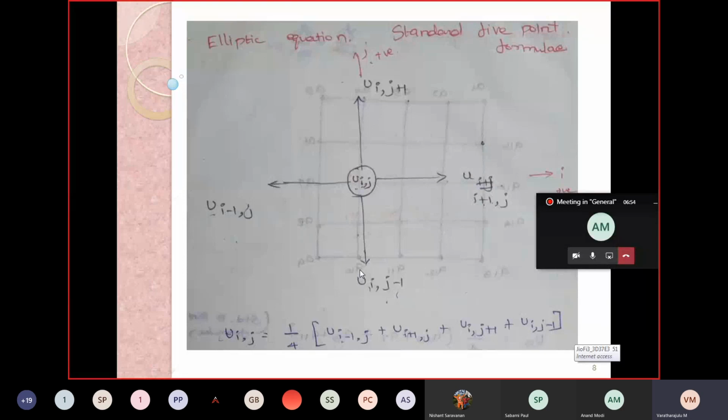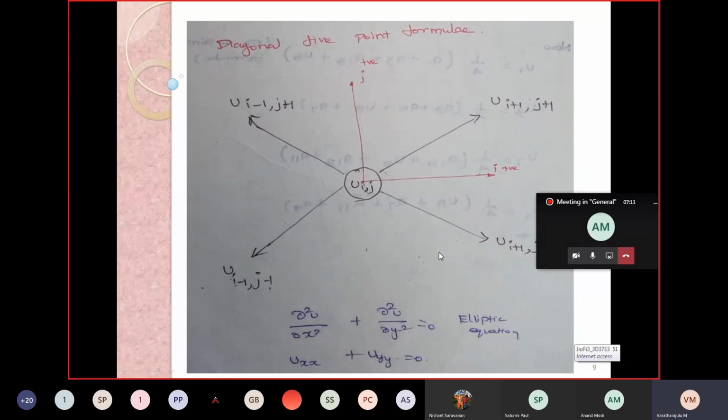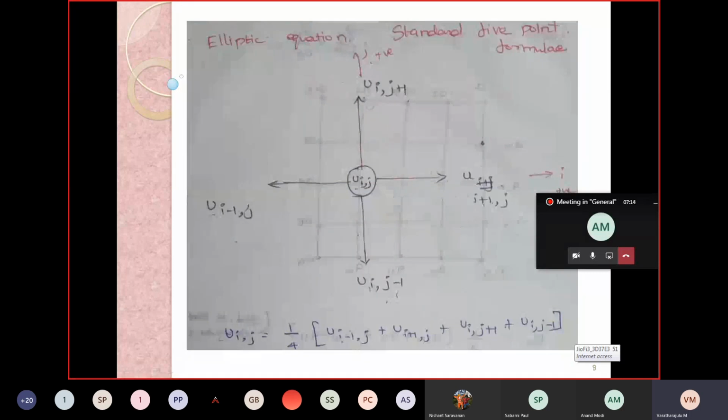The mesh size in the x-axis is h, and the mesh size in the y-axis is termed as k. In Laplace equation we have considered the mesh size of x-axis, h, and k, as 1.